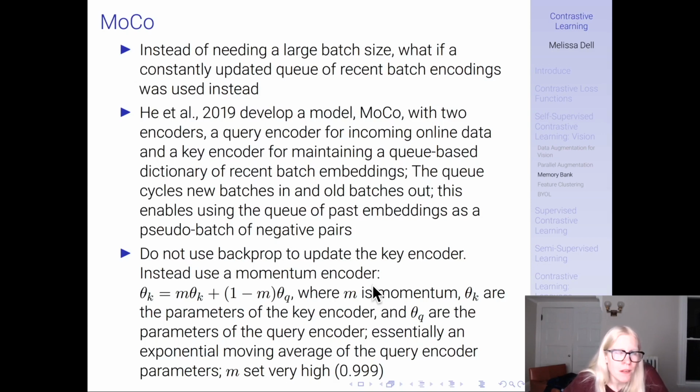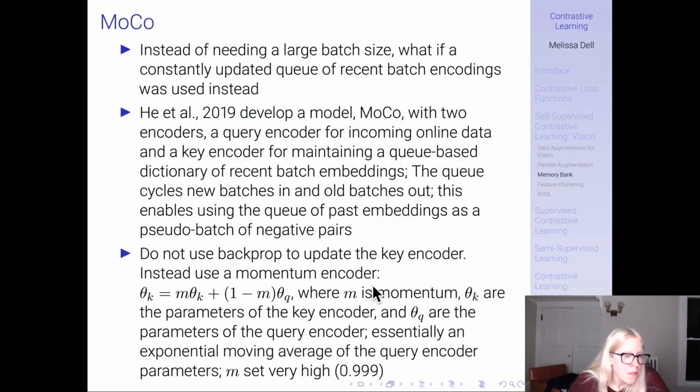And they developed a model called MoCo with two encoders. It had a query encoder for incoming online data and a key encoder for maintaining a queue-based dictionary of recent batch embeddings. This queue cycles new batches in and old batches out at each training step. And this enables using the queue of past embeddings as a pseudo batch of negative pairs. And so we do not use backprop to update the key encoder.